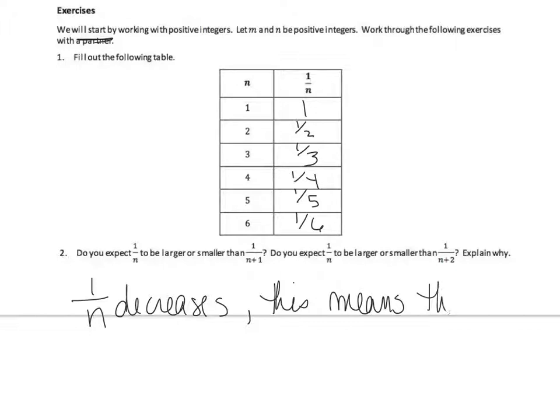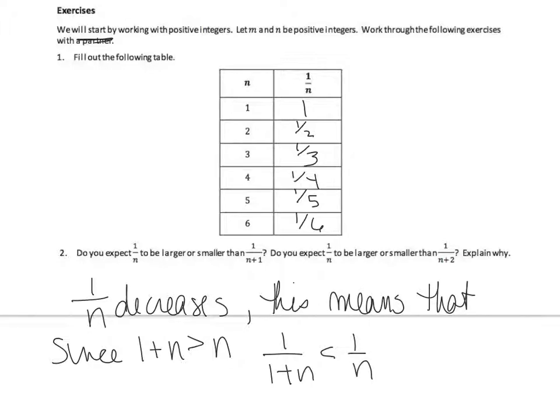This means that since n+1 is greater than n, then 1/(n+1) is actually smaller than 1/n. Okay, to say it again, I have 1/n is bigger than 1/(n+1) is bigger than 1/(n+2), etc.